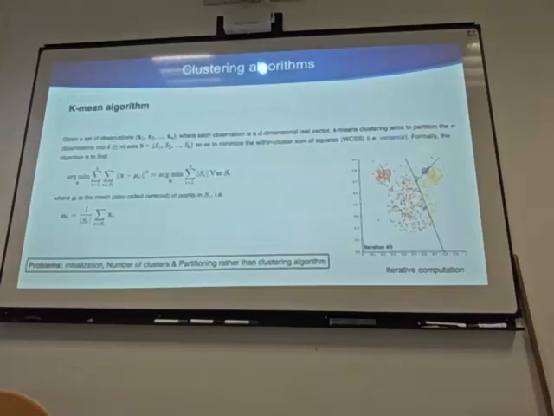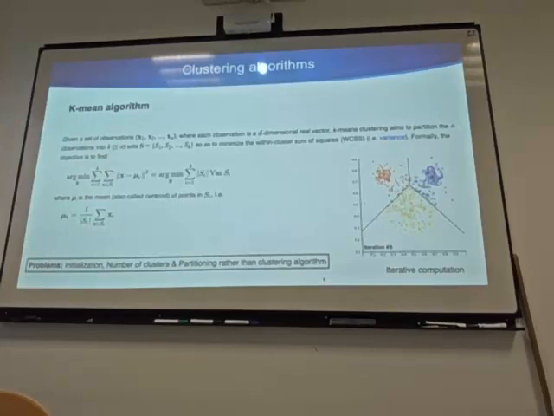So for the local clustering algorithm, a very naive one that almost everybody knows is the K-means algorithm. You have a set of data, a set of observations, n points, and you want to say that these points belong to k clusters.